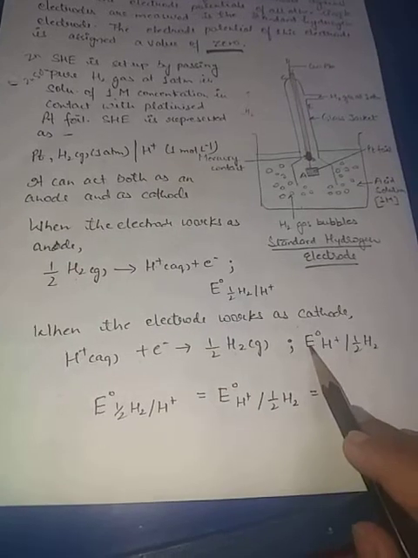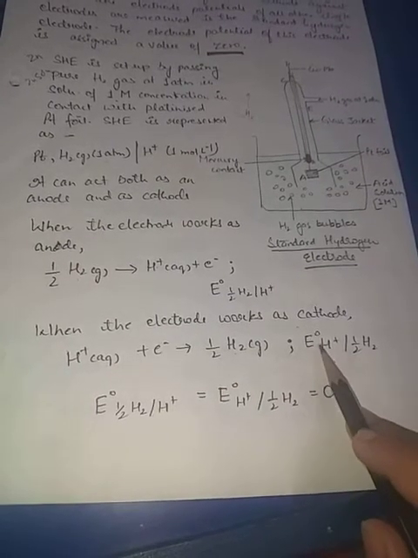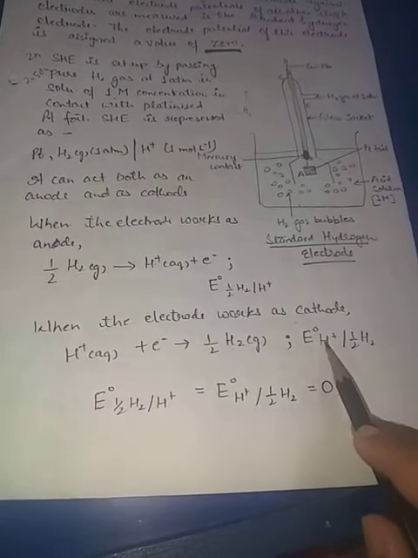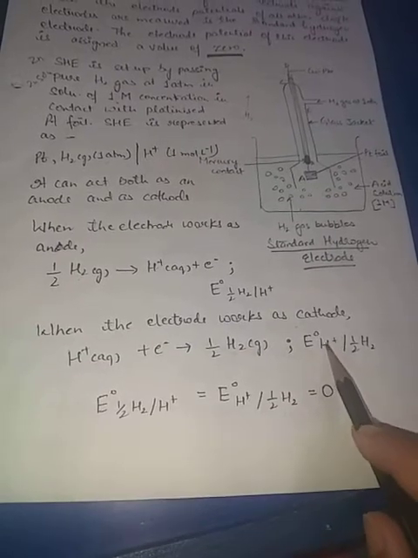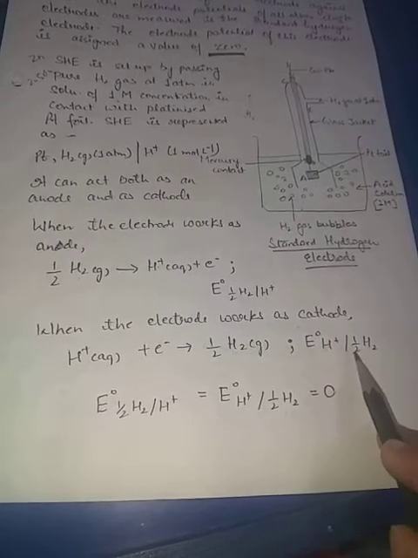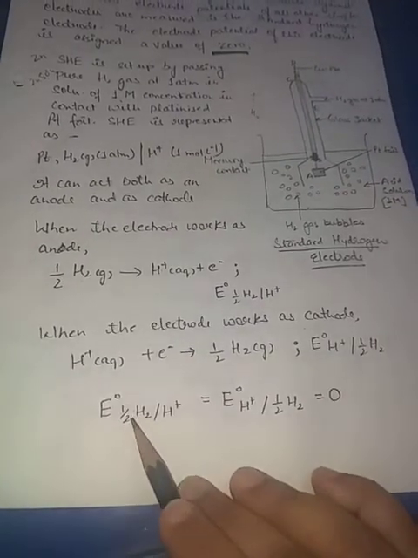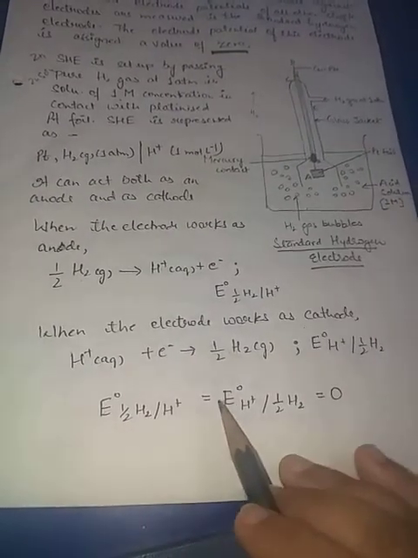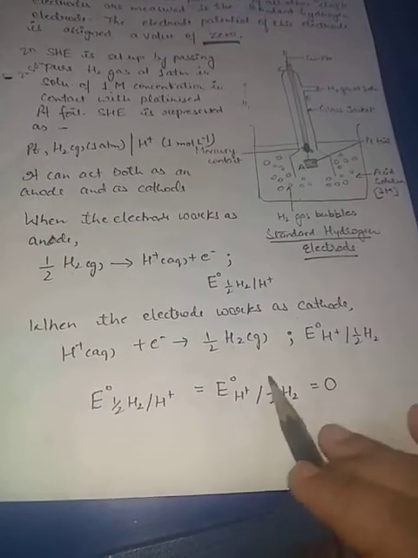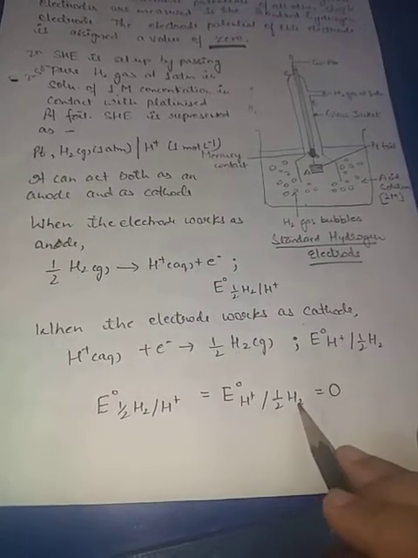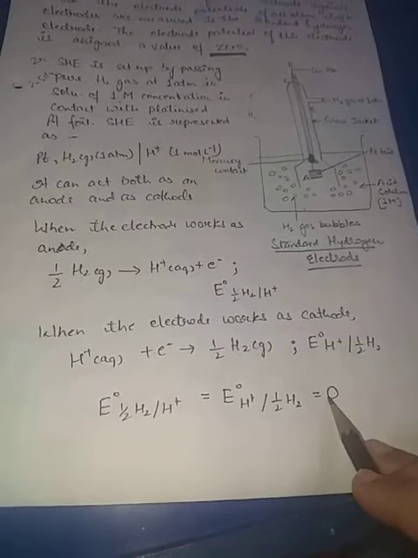If we write this reduction potential value, we'll write it as E naught H plus oblique half H2, and E naught half H2 oblique H plus equals E naught H plus oblique half H2, and it equals 0.